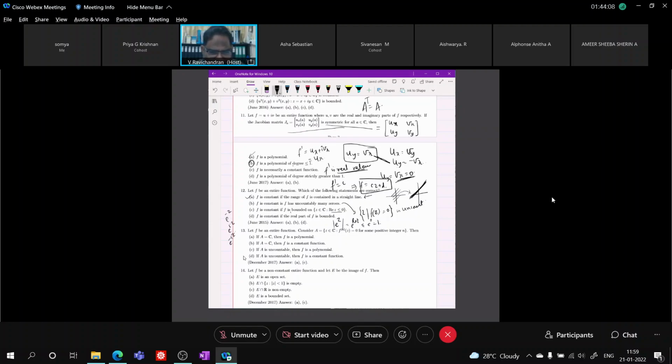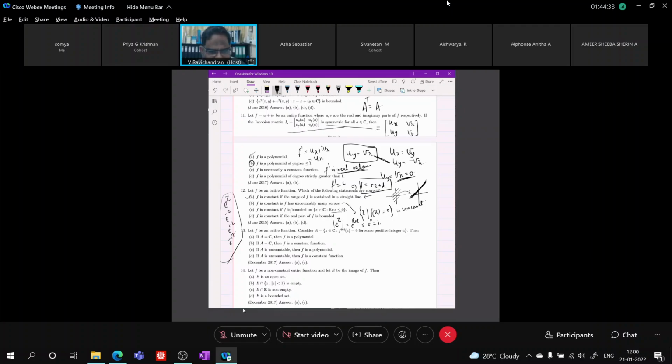So depending on the given domain, you can consider these four functions. One of them may be useful. So you just study the properties of these functions. What kind of mapping property, e power z is a periodic function. So I think you should study something about the nature of this function e power z.